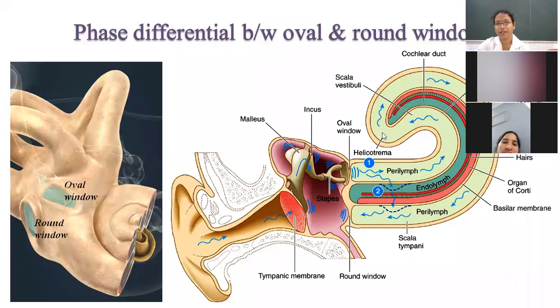It will reach the helicotrema, and from here the sound waves will travel through the perilymph again and strike at the round window. So the sound waves create vibrations from the oval window, and the round window does the job of receiving that pressure.